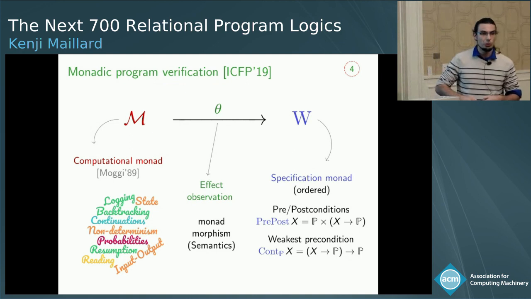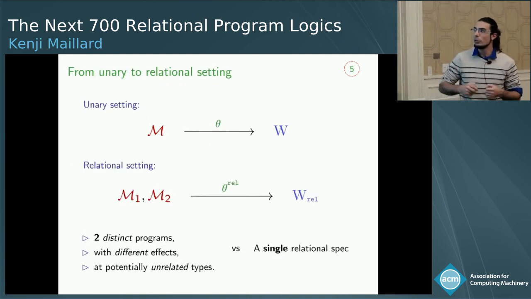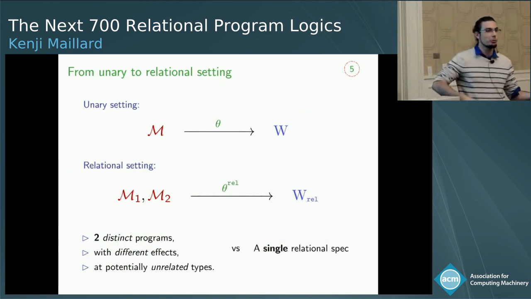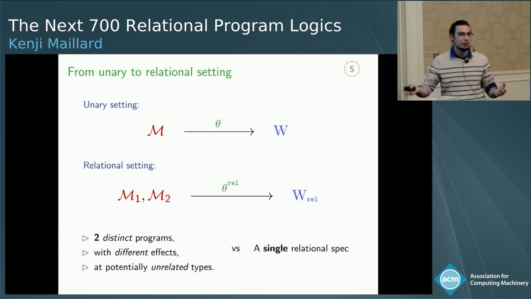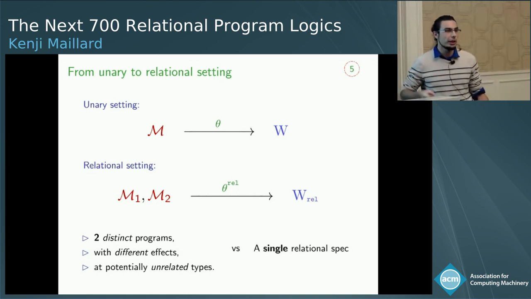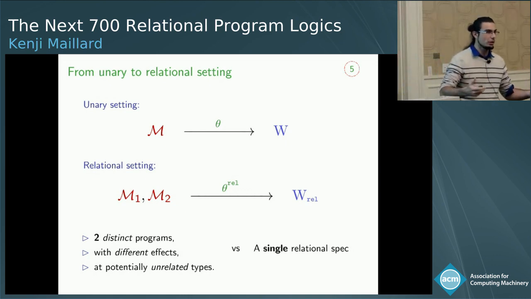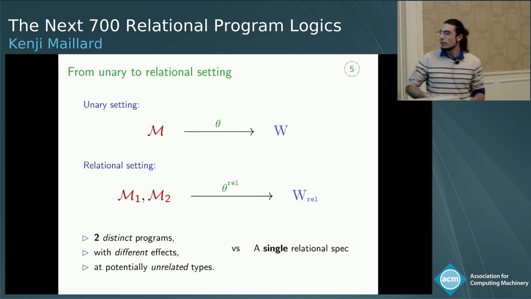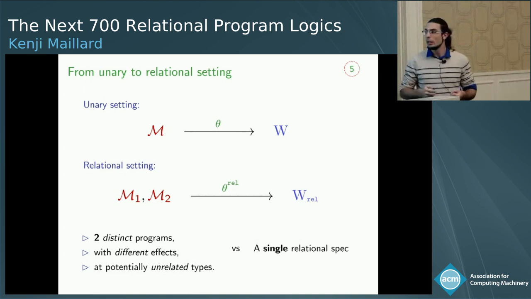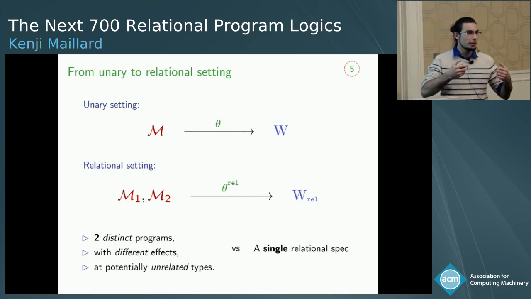If we want to go to the relational setting, we need to move from a situation where we have one computational monad, one specification monad, and an effect observation, to a situation where we can have two computational monads, one for each program. And these two programs need not be the same, and they need not result in values at the same type.